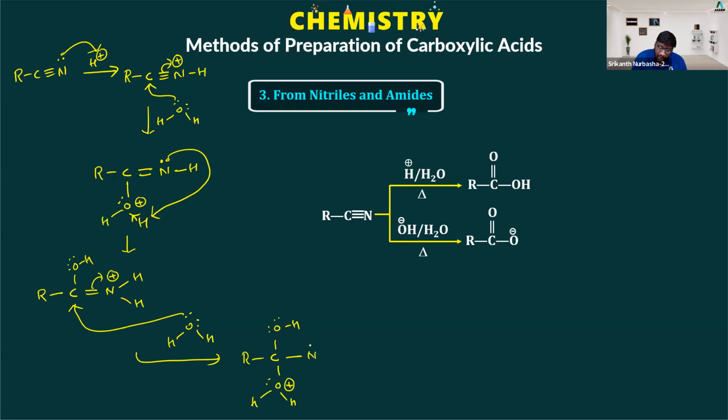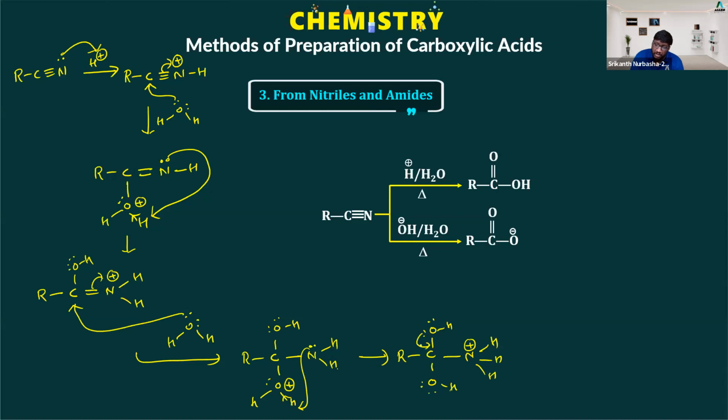And nitrogen will have a regained lone pair and two NH bonds. The lone pair of electrons on nitrogen tries to pick up this proton because the oxygen bears a positive charge, so the OH electron density moves away. It will lead to the formation of R, C, OH, OH, and nitrogen will have three NH bonds now, and it lost its lone pair, so a positive charge.